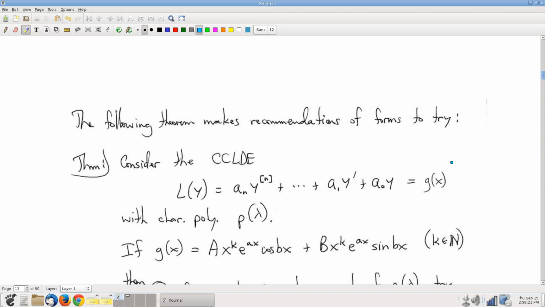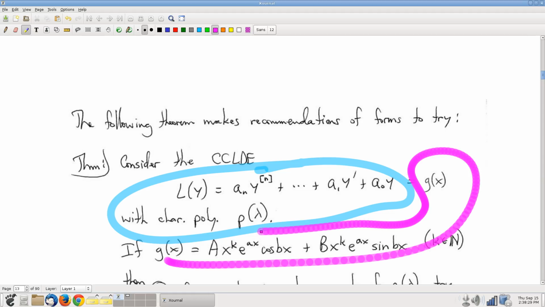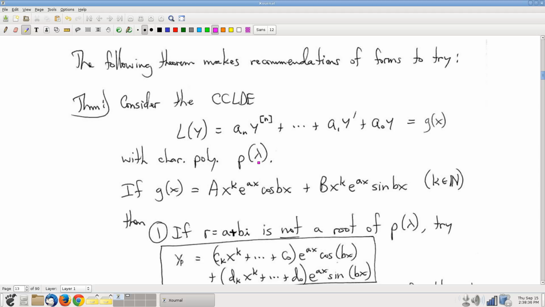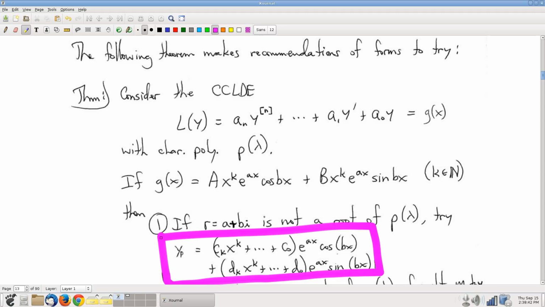Now, with all of that said, we've got a left-hand side with a characteristic polynomial. We've got a right-hand side that is of a particular form. Here's our guess. And this is what I like to call the naive guess. This is a good starting point.